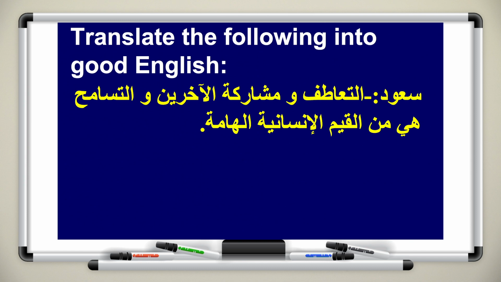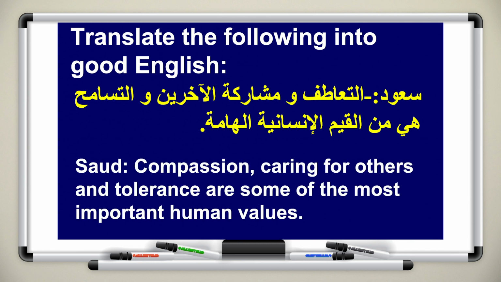If I want to translate this into good English, I have to understand first. So I have التعاطف ومشاركة الآخرين والتسامح. These are human values. Now, the rest of the sentence says هي من القيم الإنسانية الهامة, so they are important human values. Do you remember the human values we took in the first episode of this unit? التعاطف, compassion, مشاركة الآخرين.